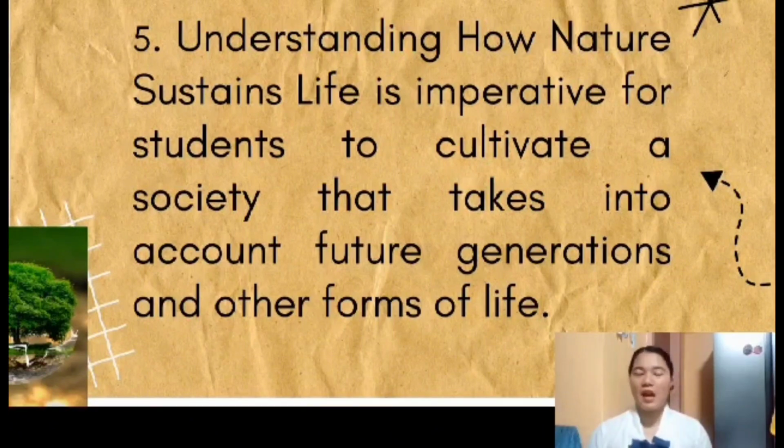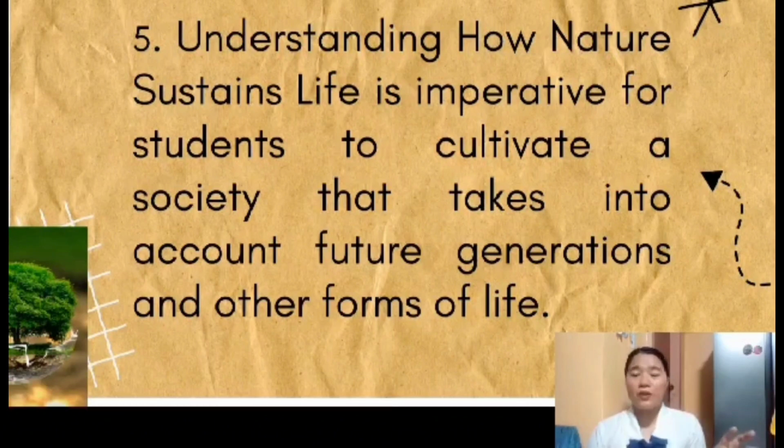It has been keeping life going on Earth for a really, really long time, billions of years. And so when students want to build a good society that thinks about the future and cares for all living things, it's like asking nature for advice.